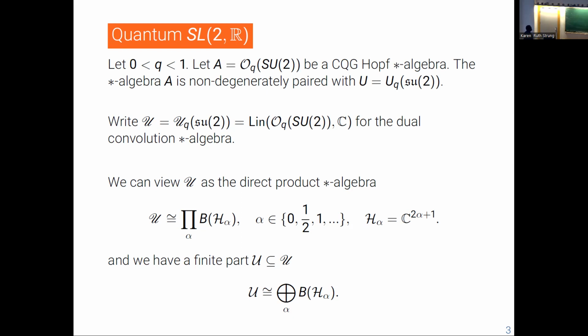We denote by curly U the convolution dual of our algebra A, or the dual convolution star algebra. We can view this curly U as a direct product algebra, and we have the finite part of curly U that we denote by U, which we view as the direct sum of this algebra.